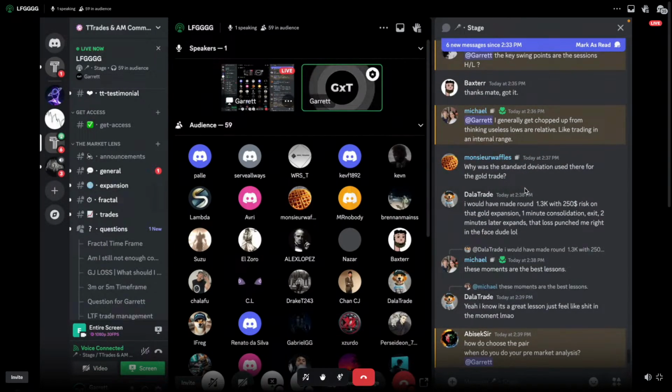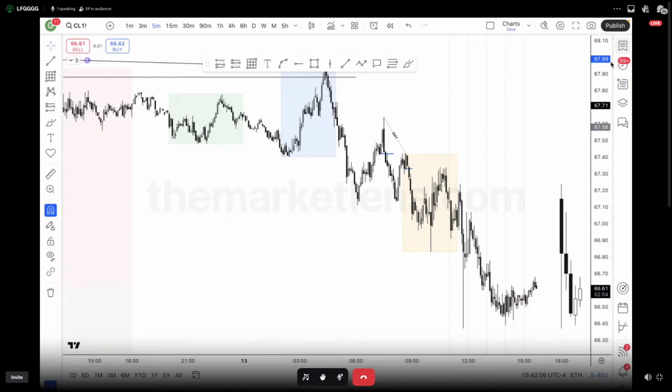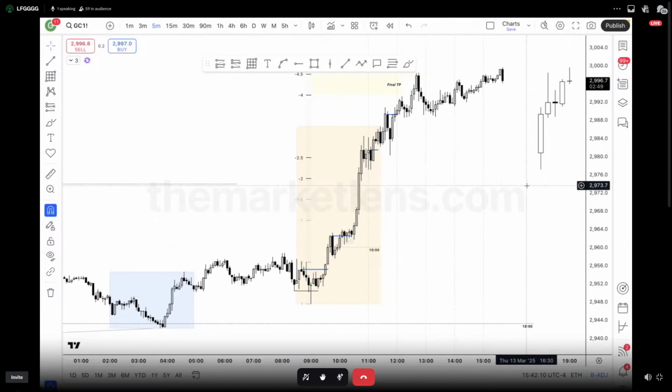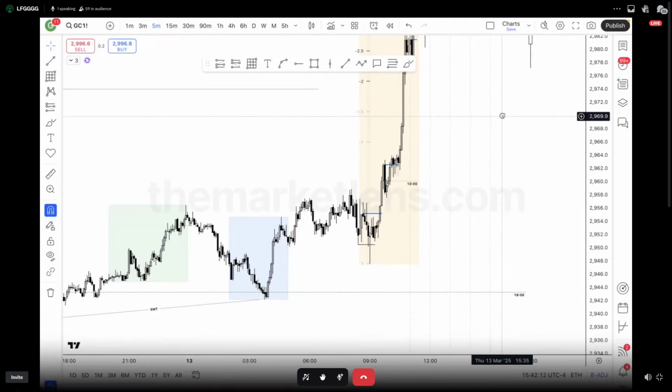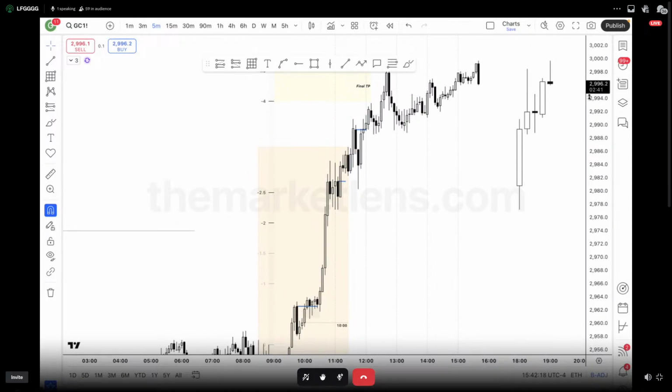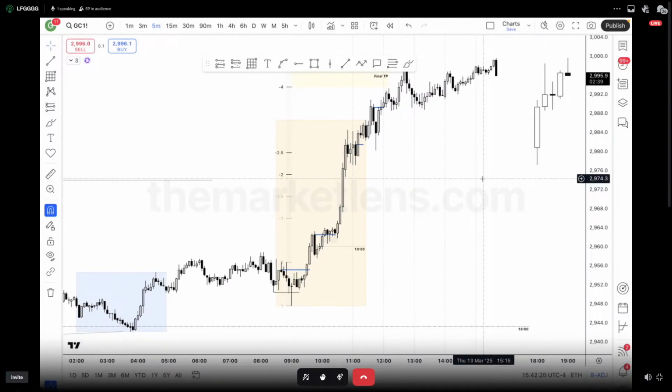Why was the standard deviation used? It's just a projection leg, manipulation leg, for targets. I don't know the whole math or logic behind it, but if you watch T-Trade's video on standard deviations, it can be used for targets.